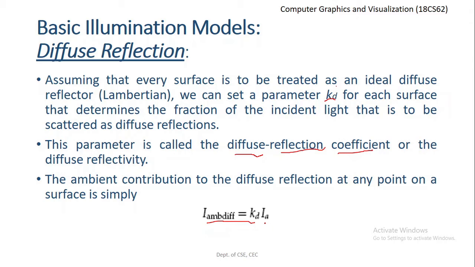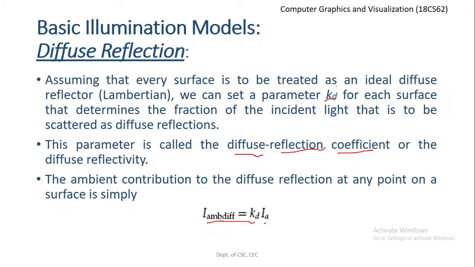Whenever we talk about diffuse reflection, we need to consider the diffuse reflection coefficient or diffuse reflectivity, kd, which determines the amount of light incident on a given surface that will be scattered.